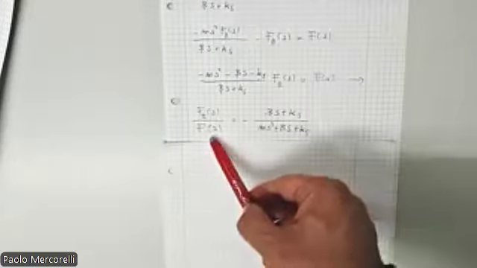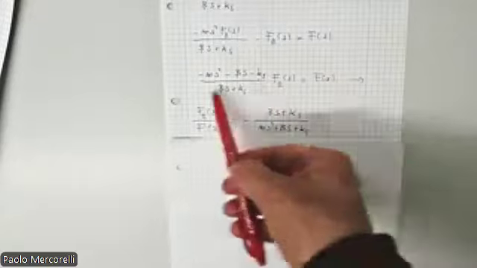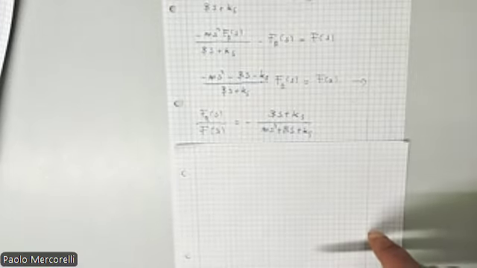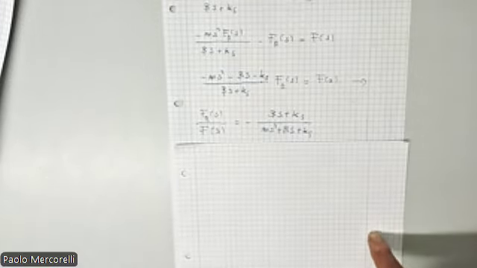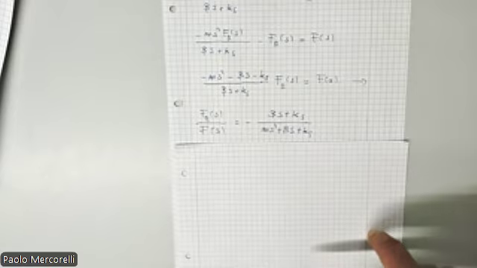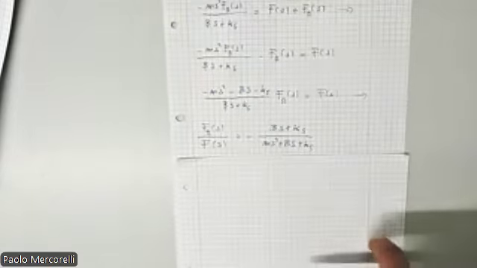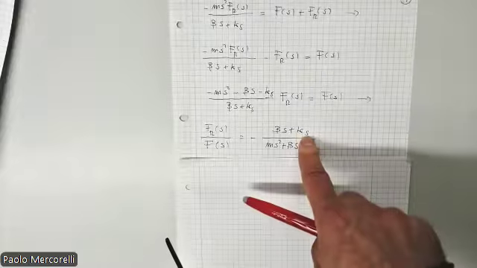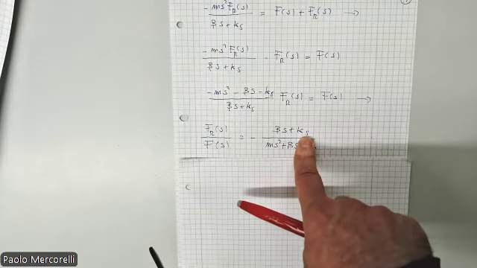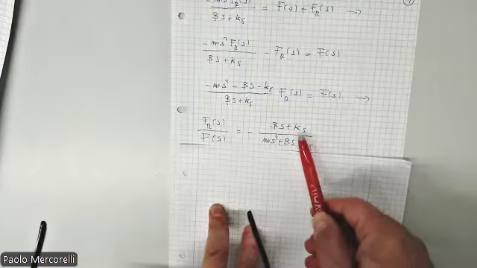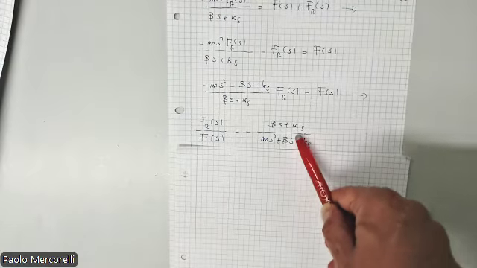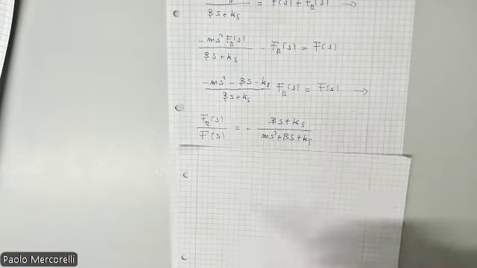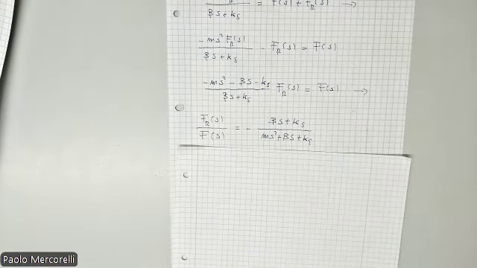Fr divided by Fs from this equation here is this expression. Here is not an s variable, it is an s subscript. It seems to be an s variable, but it's an s subscript.